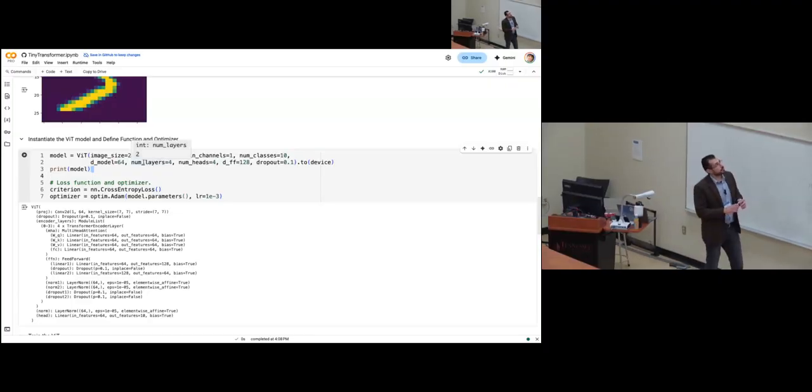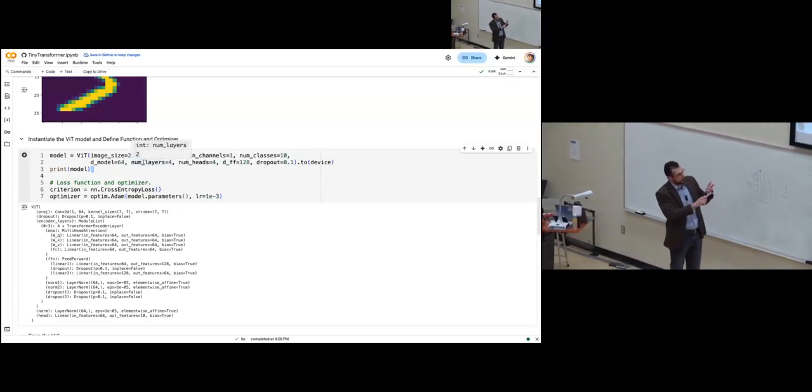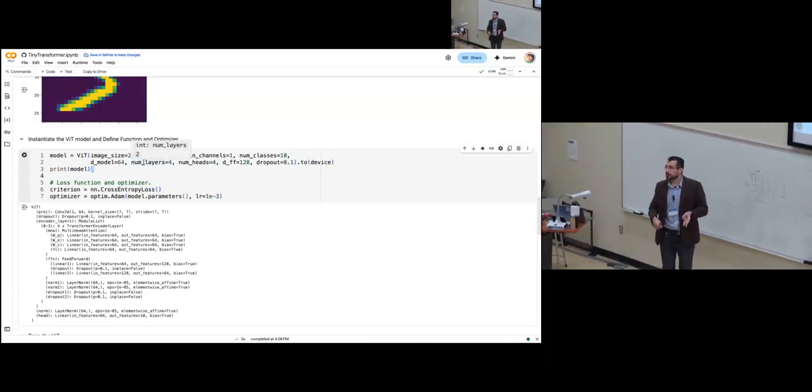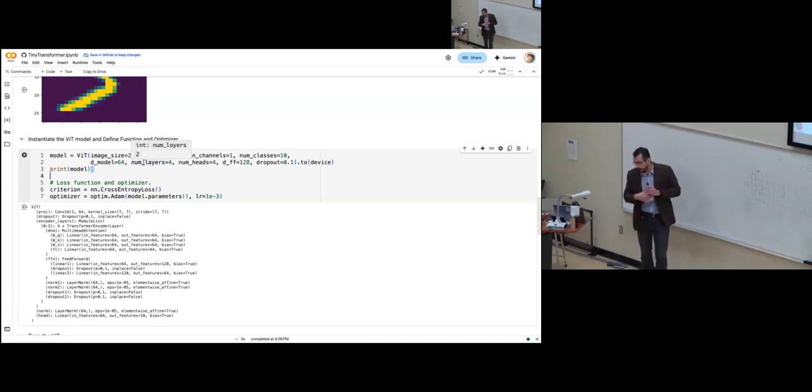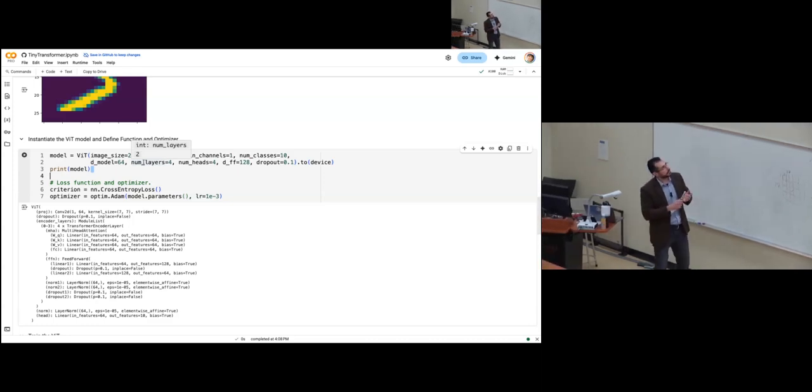Then I have my data and my model. What is my loss? I'm going to use the cross entropy loss. Again, this is not an ML class, but cross entropy loss would be equivalent to the negative log likelihood solution for the classification problem. And so that's the loss that we usually use for classification problems. I call that the criterion. And then I have an optimizer. In this case, I'm going to use Adam.